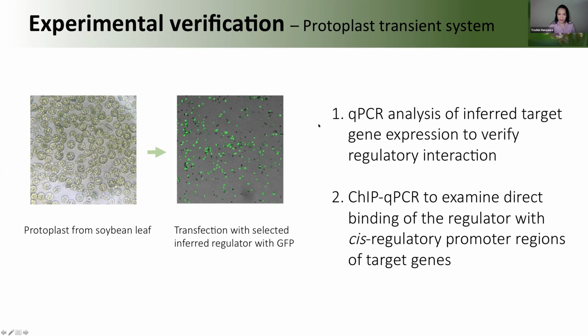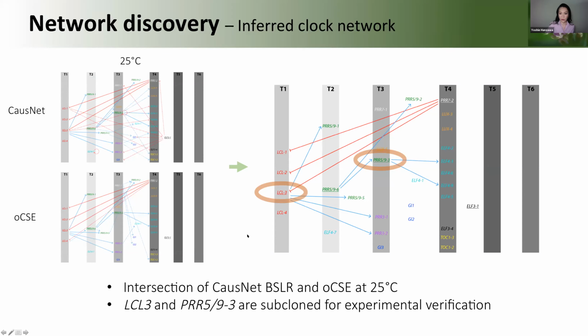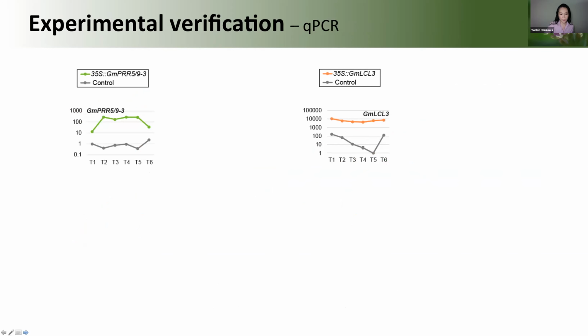The first experiment: we want to know whether those regulatory interactions really regulate the inferred downstream genes. So we did a qPCR analysis of inferred target gene expression. Second, we did a ChIP-qPCR experiment using the GFP antibody pull-down and looked at what fragments we actually pulled down together. So that is to remind you of the two genes we focused on.